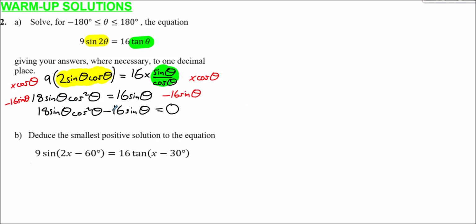We can now factorise, and also we could divide through by 2, because 18 and 16 are both even numbers. So we can factorise out sine theta, and because that's going to go to 9 and that's going to go to 8, I can then include this in the working. So I'm going to have sine theta, brackets, then that's going to give me 9 cos squared theta on the inside, and then I'm going to go for minus 8 here, because obviously I've divided through by 2, I'm going to have minus 8 equals 0.